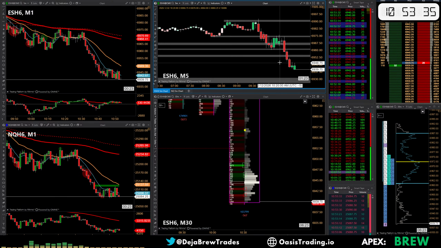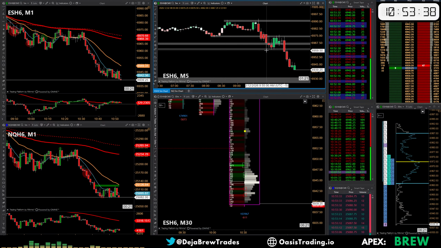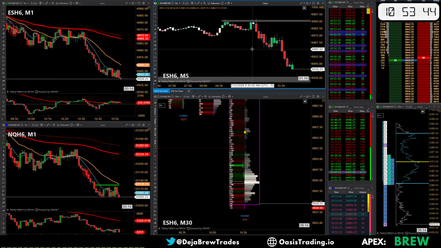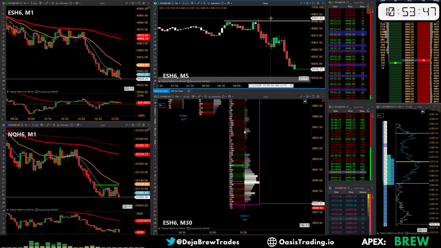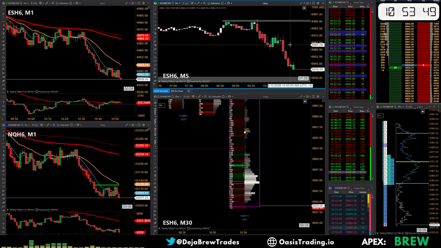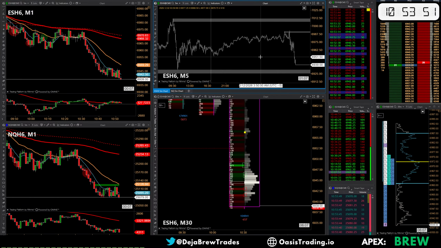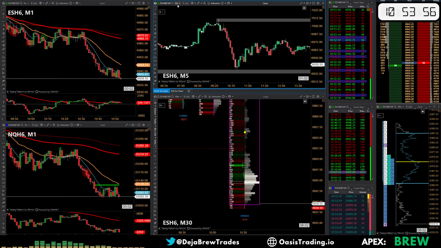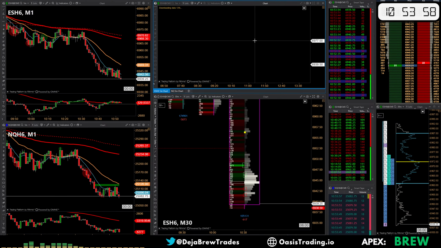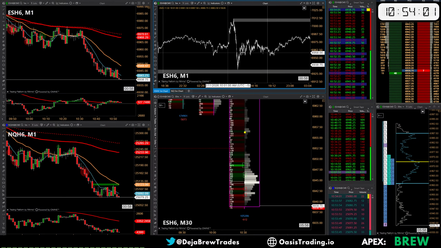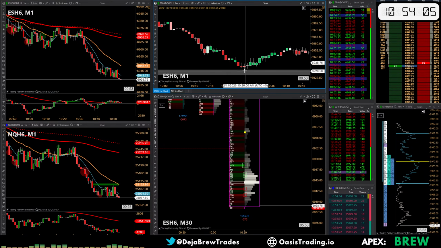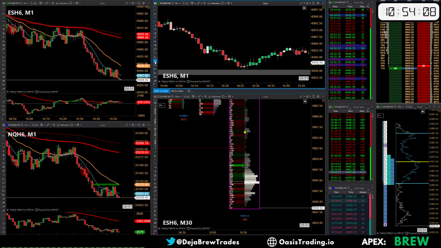Start cleaning these levels up. They did a pretty good job on the way down. That one was damn near to the tick. This one on the pullback was damn near to the tick. This one on the high was also damn near to the tick, so very good levels. We have a couple of levels coming up here because the newer level bounced off this level damn near to the tick on the top of it.